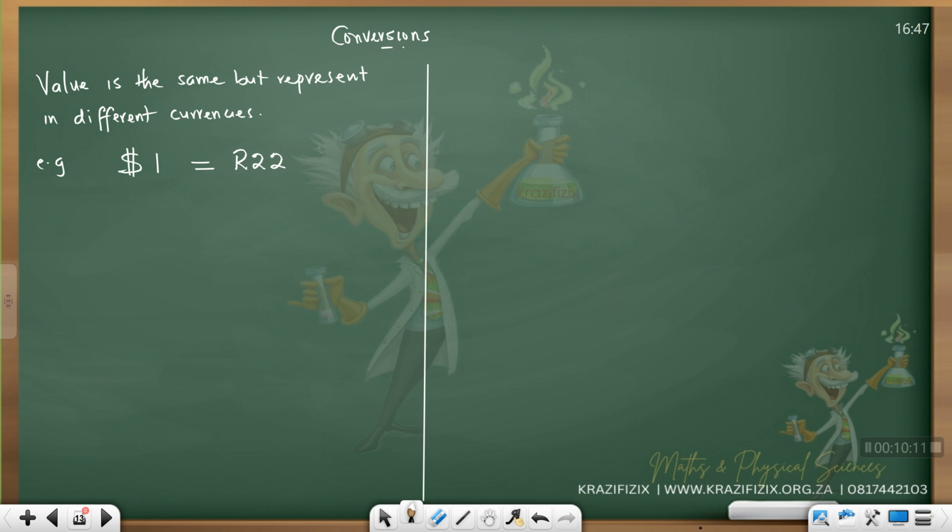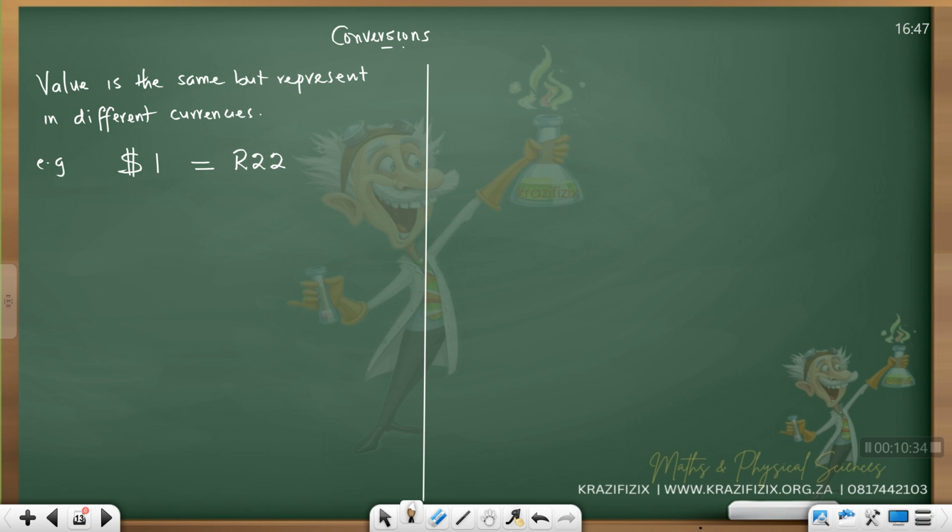It has the same value. The value of $1 and the value of 22 rands mean the same. However, when we look at each individual currency, the amount changes, but the value remains the same.